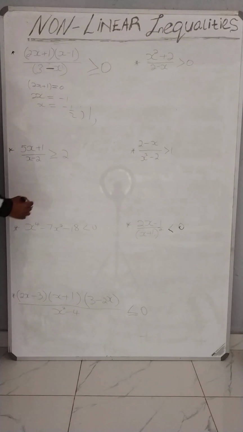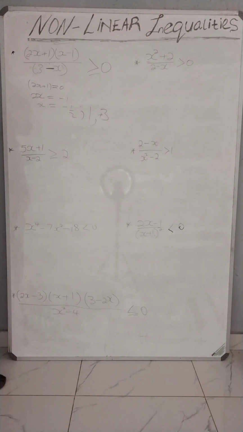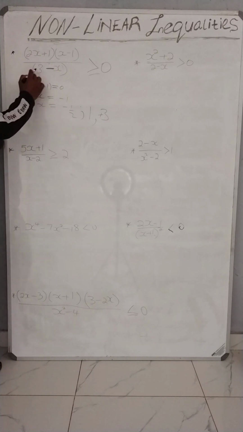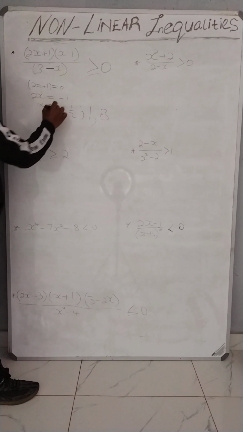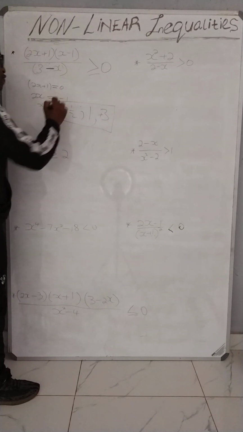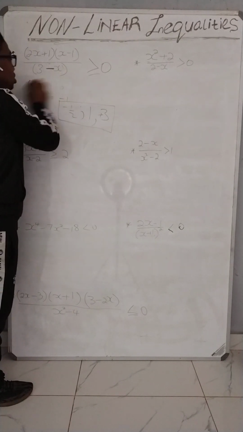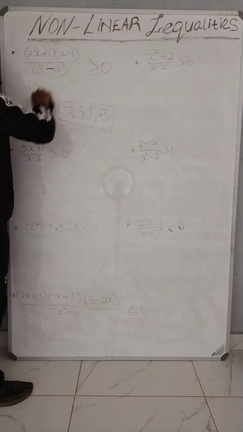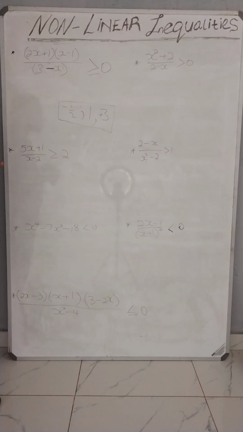In the third one, it goes without saying that you have +3, because 3 minus 3 gives you 0. Therefore, you have these values that you're going to use to test each of your factors.